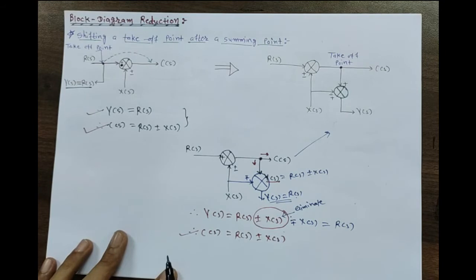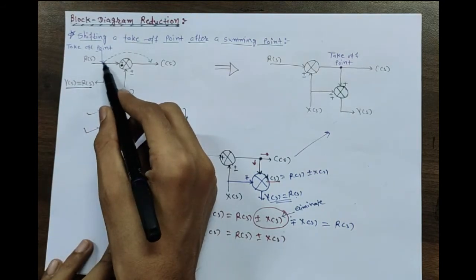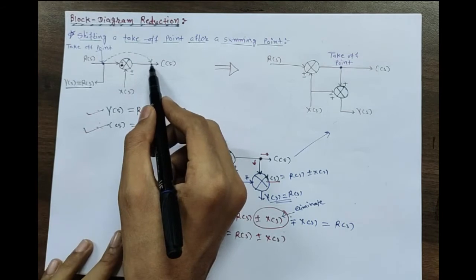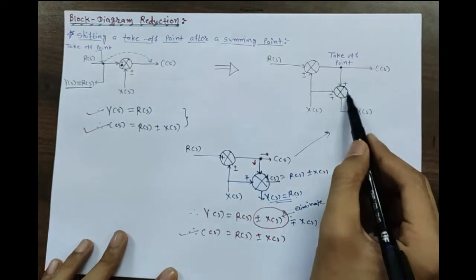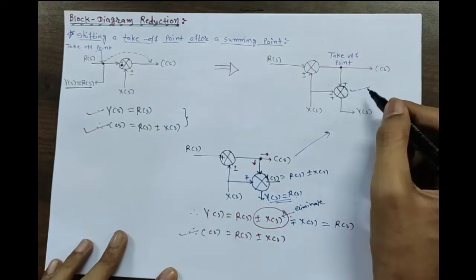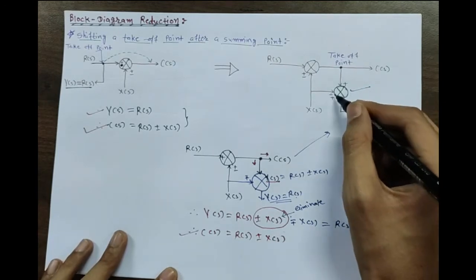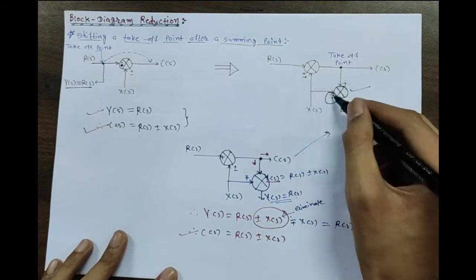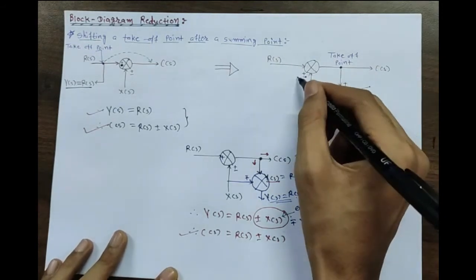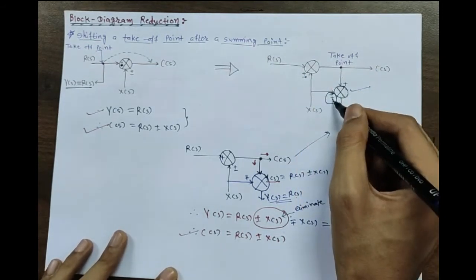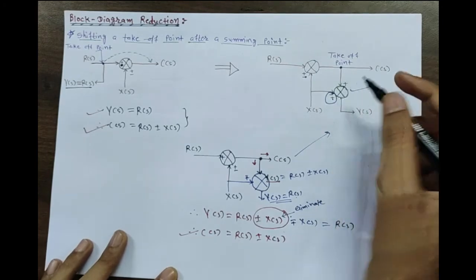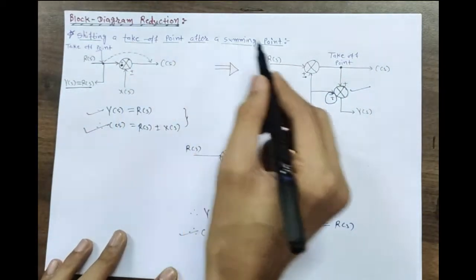At that point you just have to remember that whenever you are transferring your takeoff point after the summing point, you have to add one summing point. Okay, and this summing point has the sign: if here plus or minus, then minus or plus. If here minus or plus, in that case it will be plus or minus. Okay, that is in case of takeoff point after summing point.